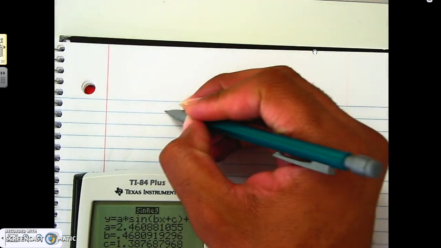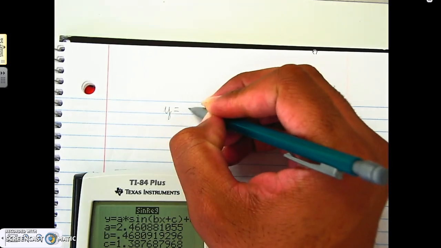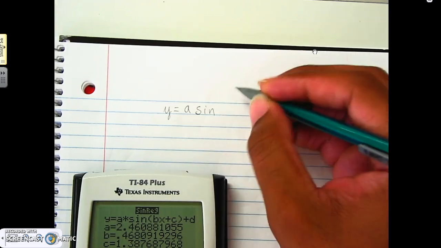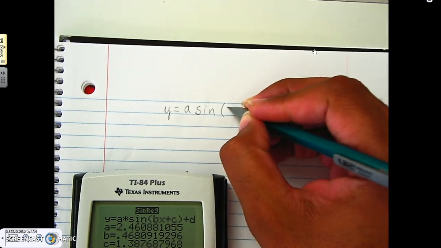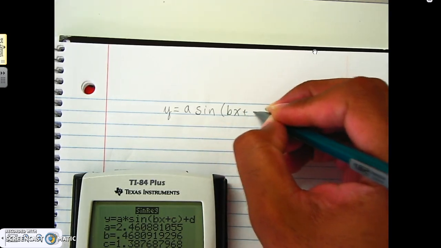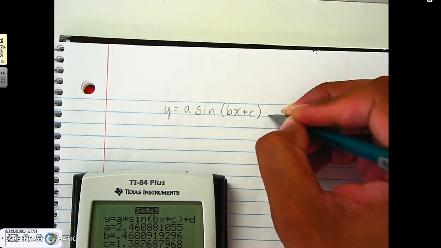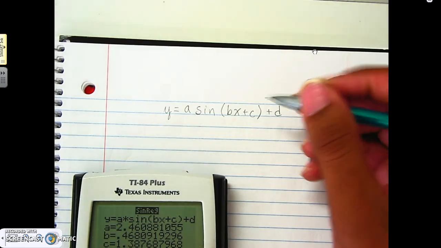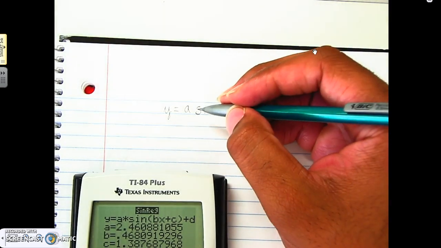So I'm going to write out the original with the letters in. I'm just doing that just to do it. All right, and now let's go ahead and put the numbers in. I'm going to round again to 3 decimal places.